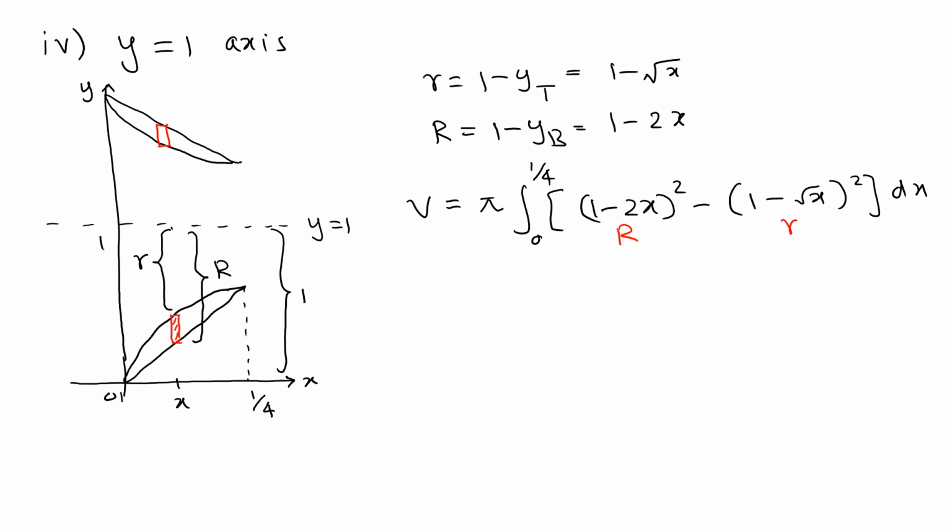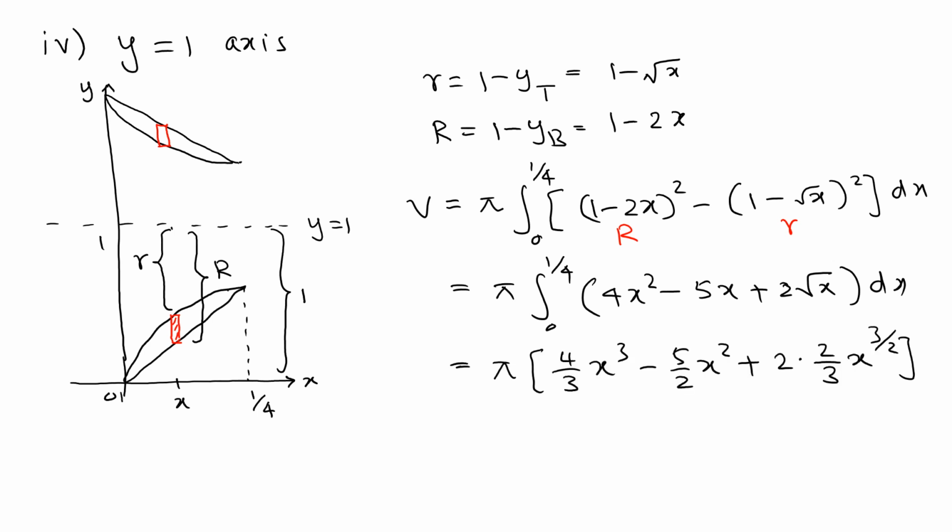And then how to simplify? Distribute and collect terms. If you do that, you should get something like this: pi, integral from 0 to 1/4, of 4x squared minus 5x plus 2 square root x. Then you can do the term by term integration and evaluate at 1/4.